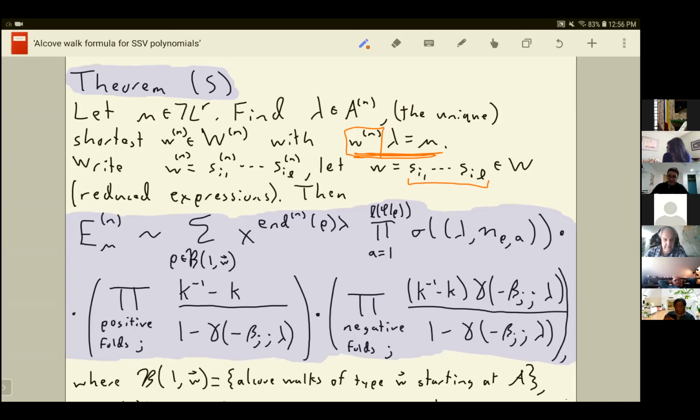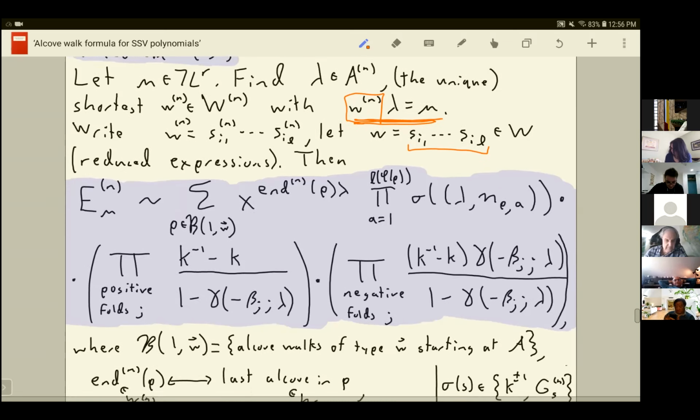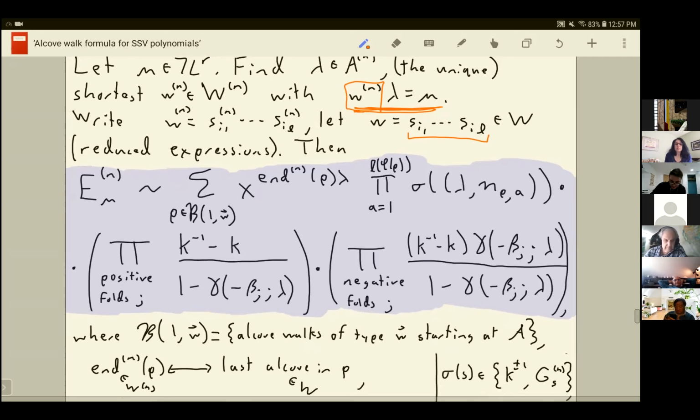So the first thing to know, if I scroll down a little bit, is that this power of x that appears here, this end n of p, is just the end point of the alcove walk. Your alcove walk is some path through alcoves and it ends somewhere. And that alcove is some Weyl group element.